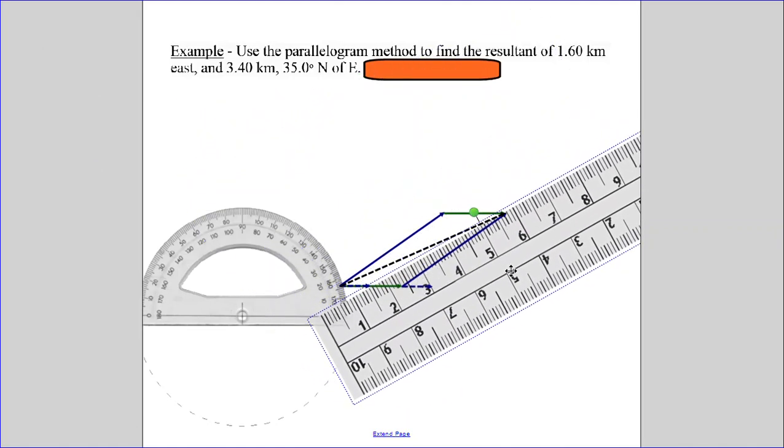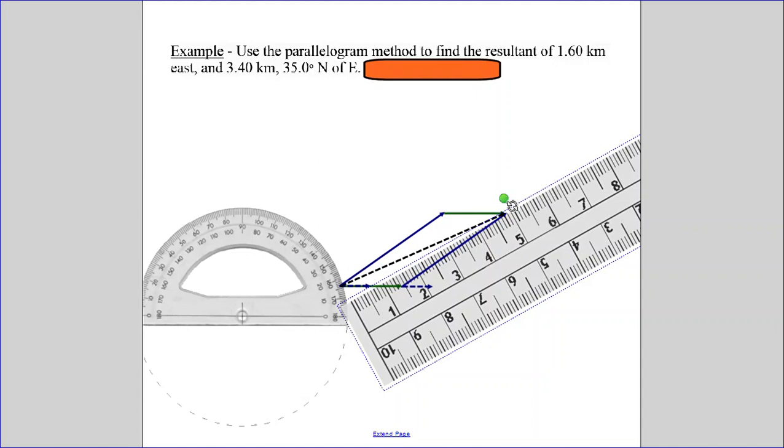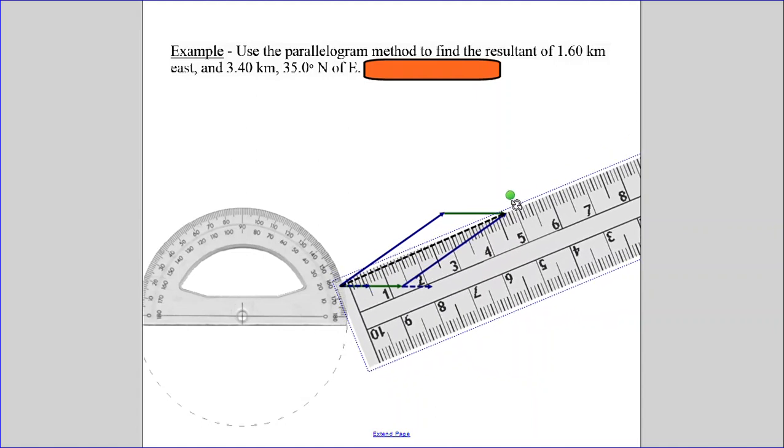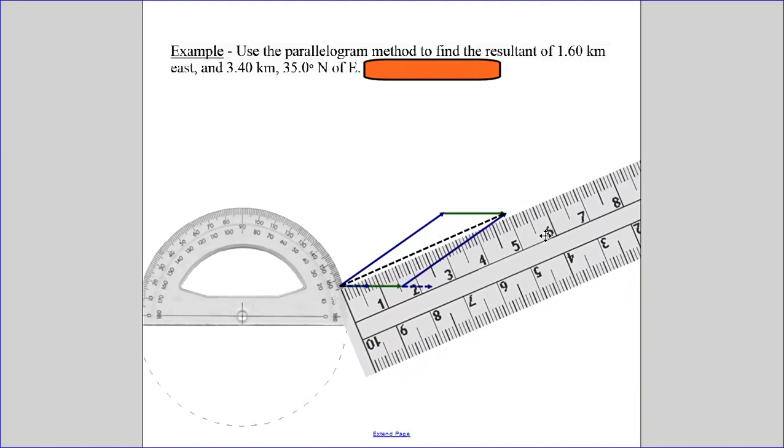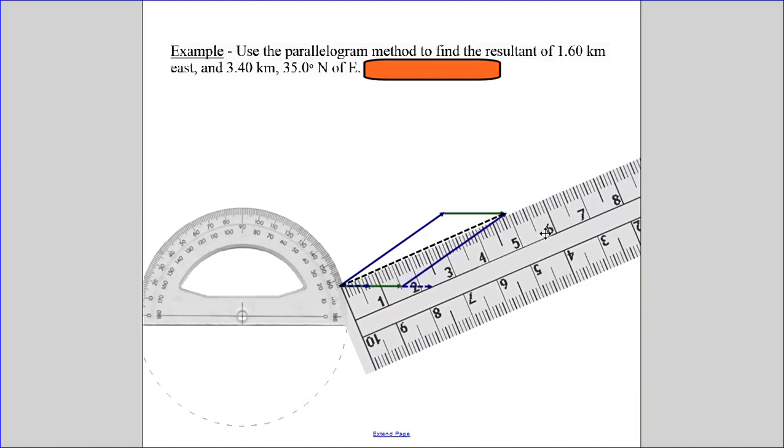Okay, so I'm going to take my ruler, we're going to measure it out, and just get it as close as I can here to try to get a good measurement. Okay, and it looks like I'm getting somewhere in the neighborhood of about 4.9, okay, 5, somewhere in that neighborhood.